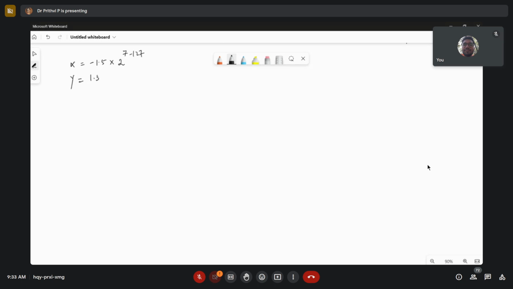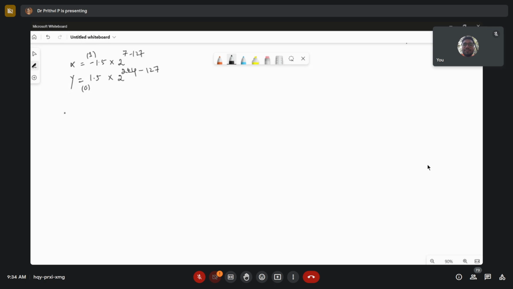Say I'm taking the same value but positive, into 2 power, a positive value. This results in a positive number, and this results in a negative number. The exponent will be negative here, and this will be positive. Now the sign bit of x will be 1 and the sign bit of y will be 0.